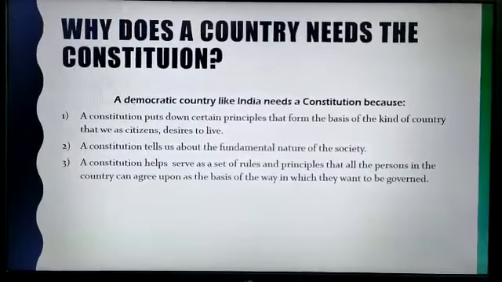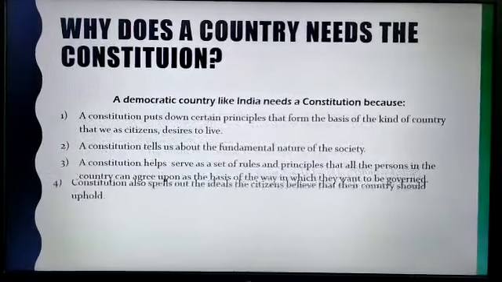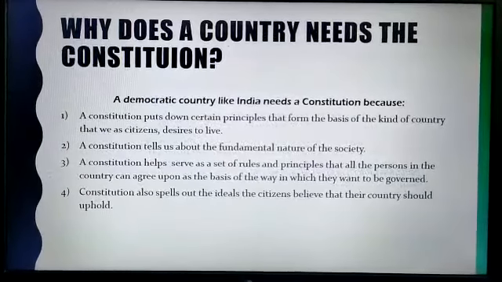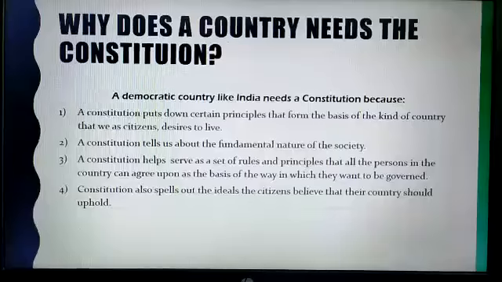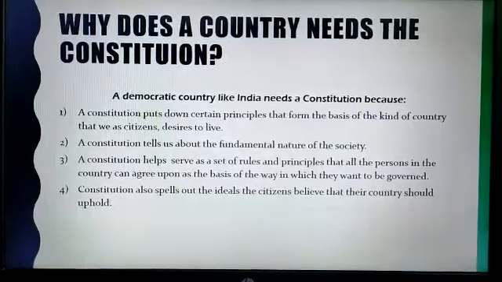A constitution helps serve as a set of rules and principles that all the persons in the country can agree upon as the basis of the way in which they want to be governed. It also spells out the ideals the citizens believe that their country should uphold.